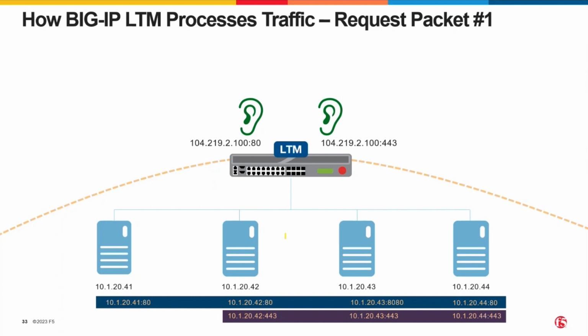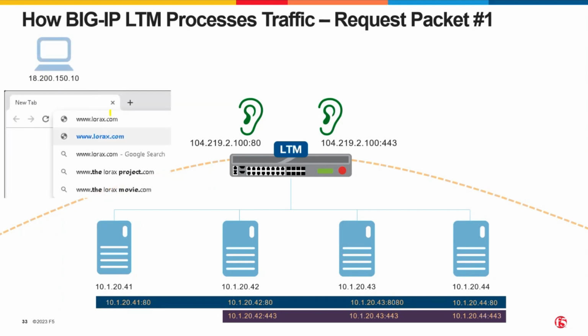How BigIP processes the traffic by default, let's say, okay? So with configuration of those objects that we mentioned. So simple pool and simple virtual server. So we have this kind of listener, let's say, and we have a client trying to connect to our application. So the client, of course, puts the name into the address bar of the browser.